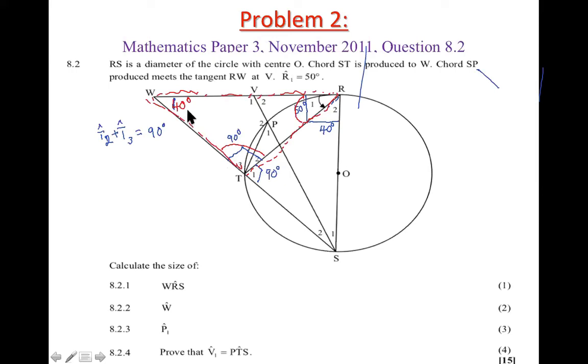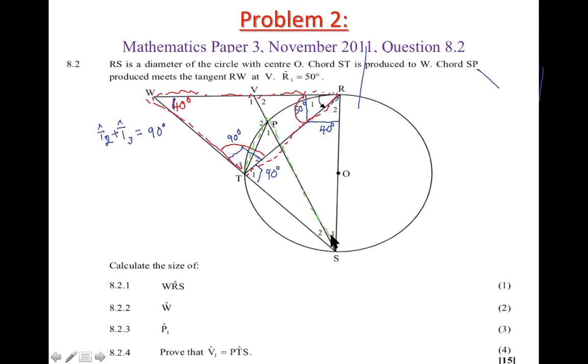Guys, are you following? That is another thing. Then I say, okay, I can still do more by looking at various angles and see what to do. What else can we see? Look at this bow tie.